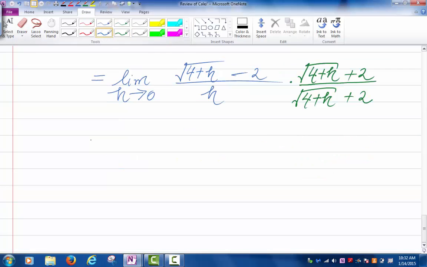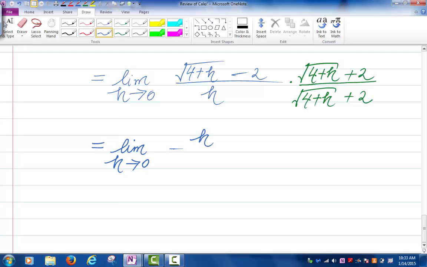And so this is equal to the limit as h goes to 0. When I multiply out in the numerator, I'm basically going to get 4 plus h minus 4. Okay, and basically you're going to end up with h.